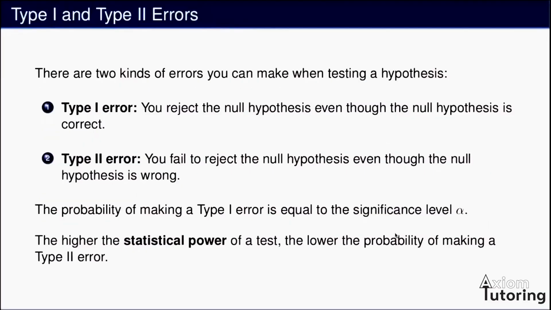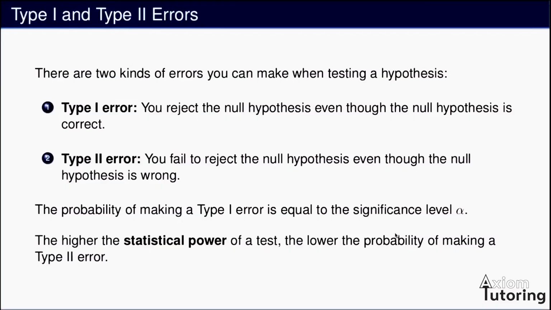So there are two types of errors that you can make when testing a hypothesis. The first one is the type 1 error, where we reject the null hypothesis even though the null hypothesis is correct. And then there's the type 2 error, where we fail to reject the null hypothesis even though the null hypothesis is wrong.